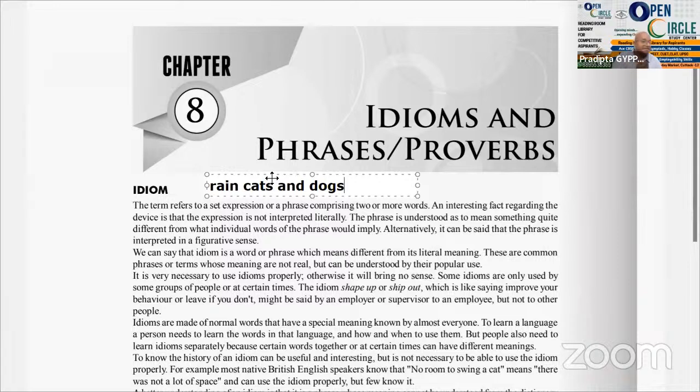You know umbrellas. When you take an umbrella and walk out in the rain, if it is heavy rain, you feel like buckets of water are pouring on your umbrella. You walk in a gully, you can feel it better. So this seems like some animals are falling on the umbrella. So rain cats and dogs. The idiom came like that.